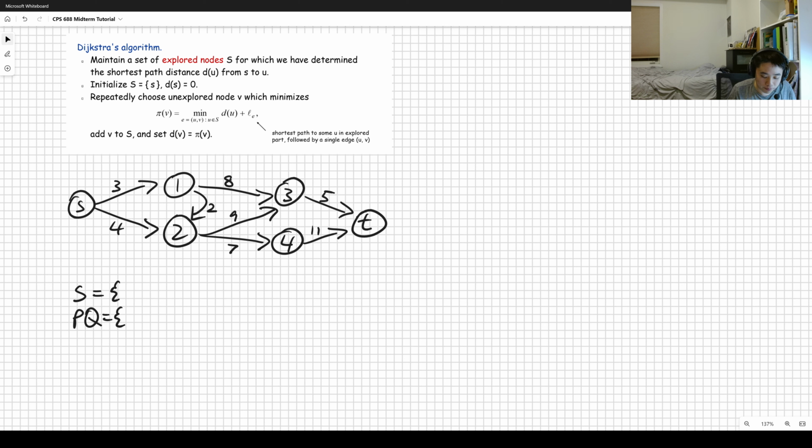Let me think about this one. I'm going to list out all the nodes for now: S, 1, 2, 3, 4, and T. This is not in the right order.